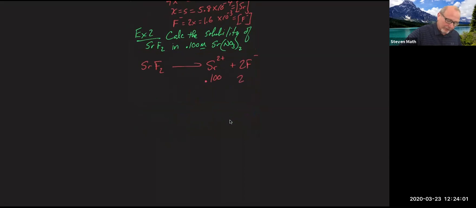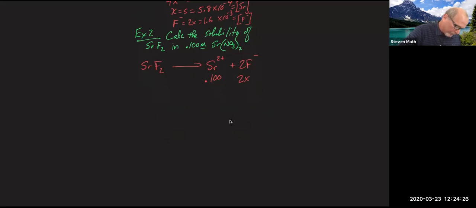And this is still going to be 2X. That's what the common ion does. Remember, common ion is, we have Sr, which is a common ion between Sr(NO3)2 and SrF2. So it's common. What it's going to do is repress or depress the ability of the SrF2 to dissolve.